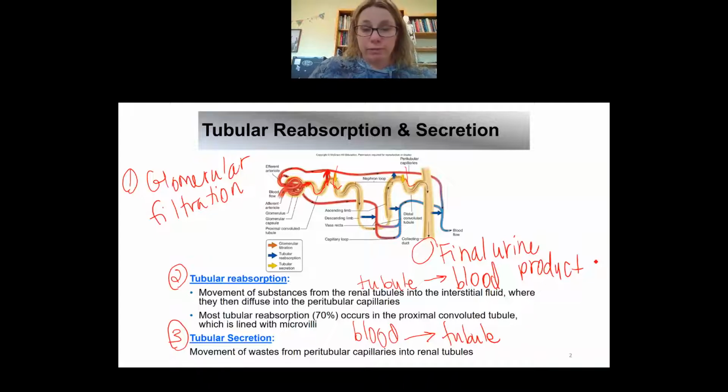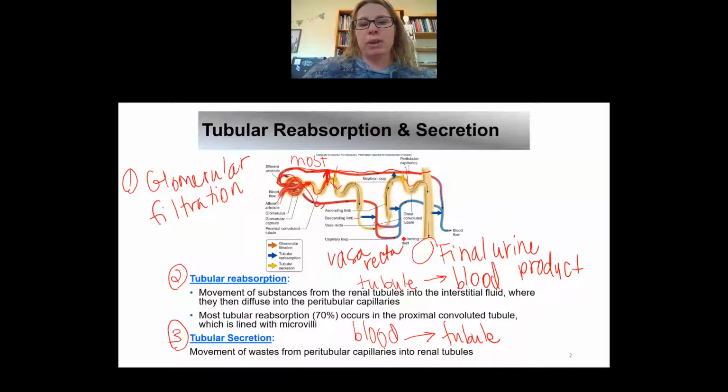Now, speaking of blood flow, remember the blood comes in the afferent arteriole through the glomerulus, out the efferent arteriole, and most of the blood is going to go this way through the peritubular capillaries, but a little bit of the blood is going to go this way too through what's called the vasa recta.